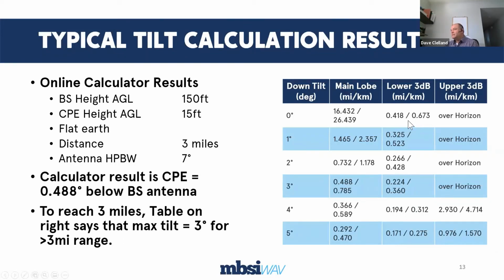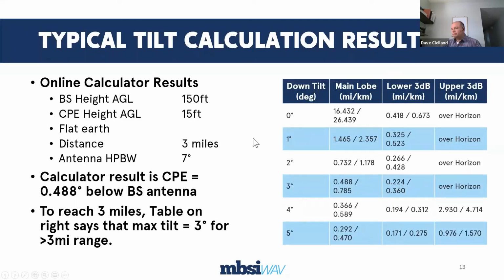And then as I increase the tilt, you see that my lower edge actually gets closer and closer to the site. And at 4 degrees here, the upper edge of my beam width is not over the horizon anymore, but it's at about 5 kilometers. And so this is the effect of down tilt as we bring it down.